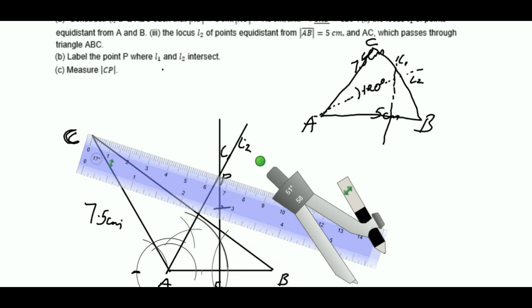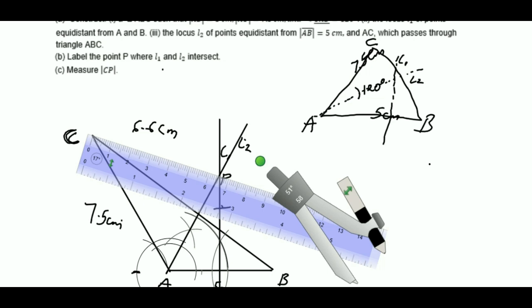My 0 mark is there, then my C is there, and by the looks of this it is 1, 2, 3, 4, 5, 6. I've got 6.6 centimeters. So this measure CP is 6.6 centimeters.